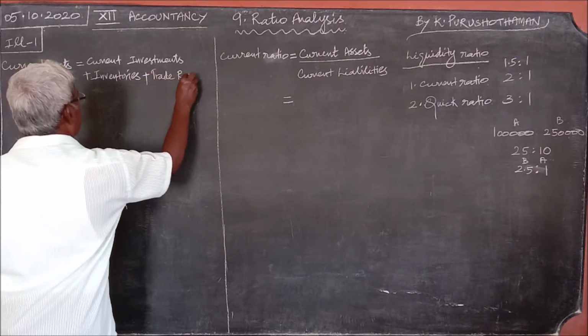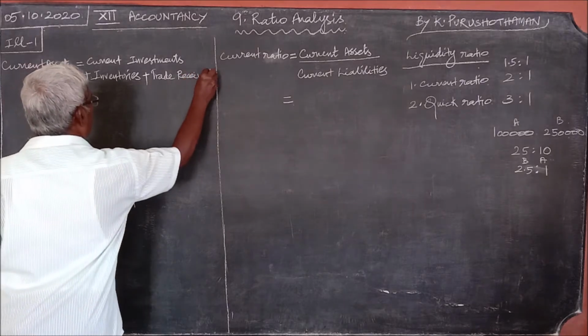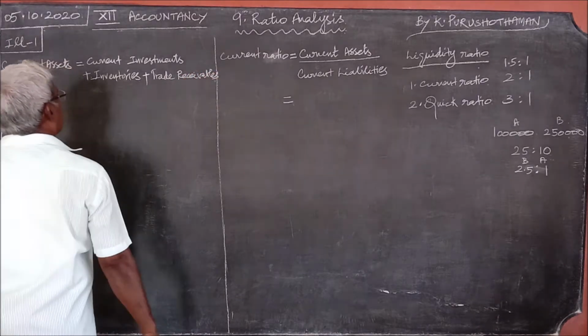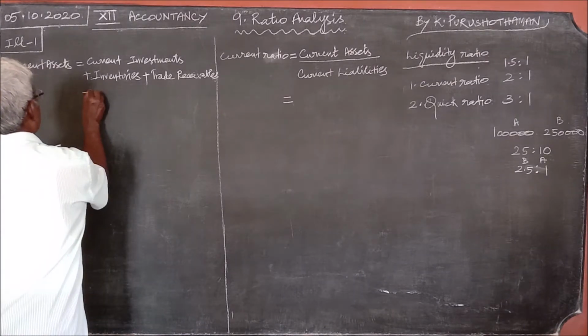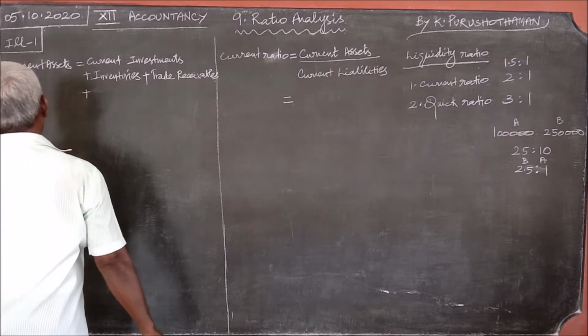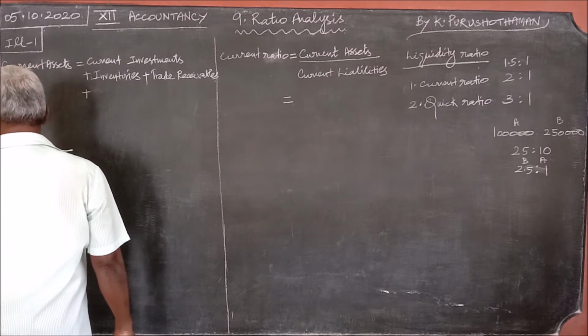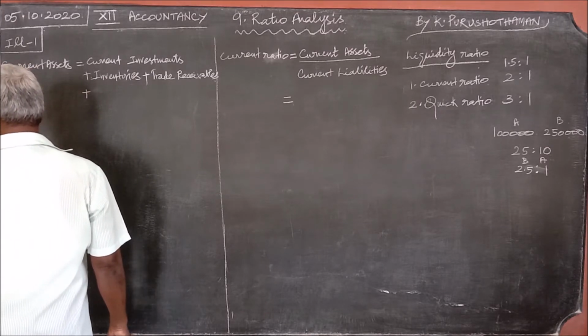Trade receivable is a current asset. Trade payable is a current liability or bills payable.